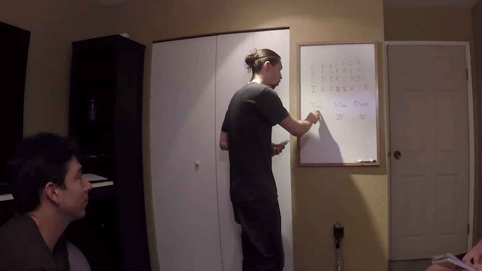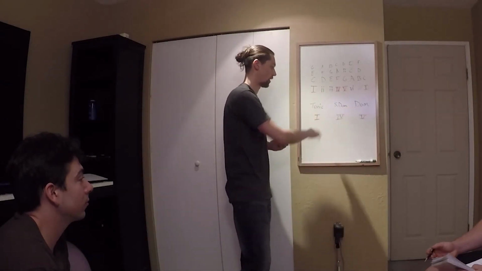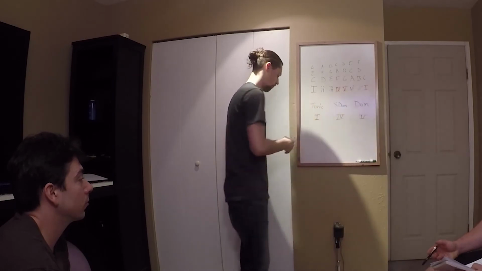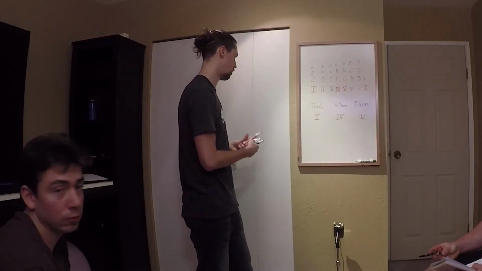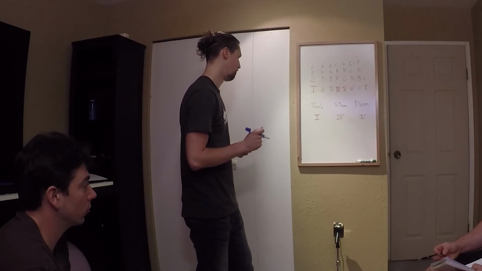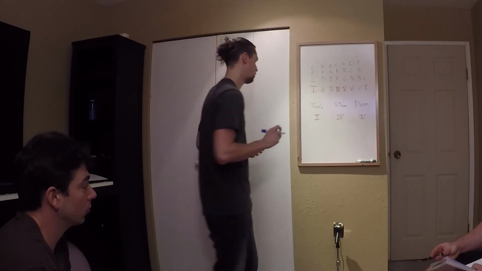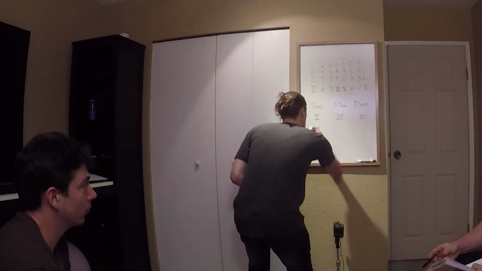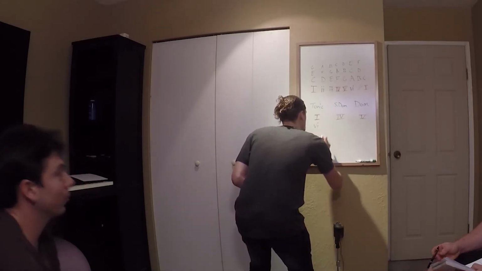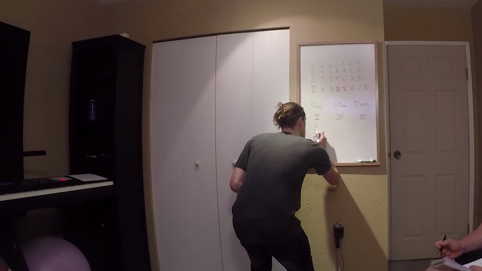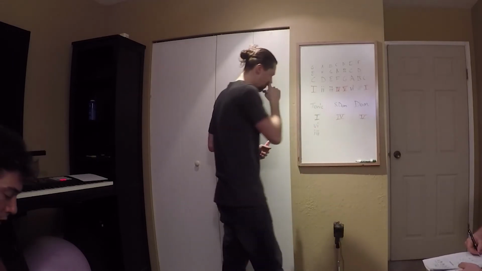Each of these chord families have other chords from the scale that we can pull upon. So the other tonic chords in the scale are 6 and 3.